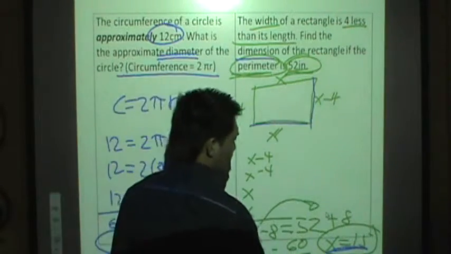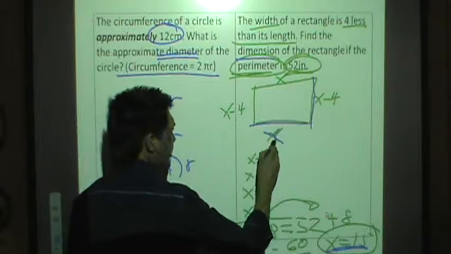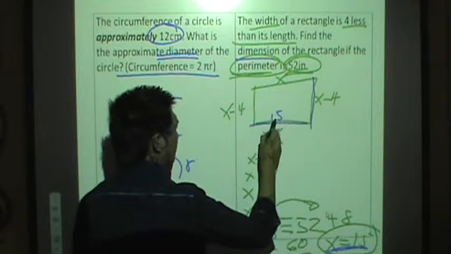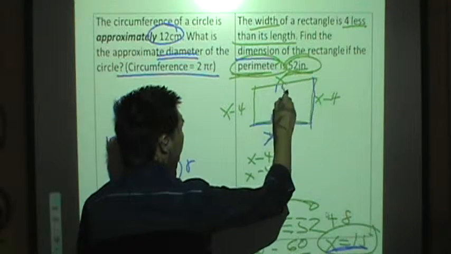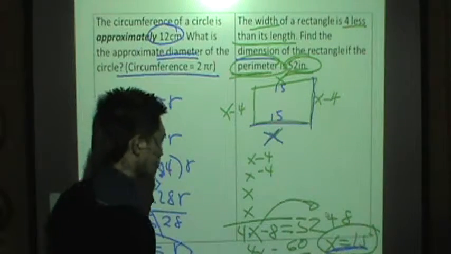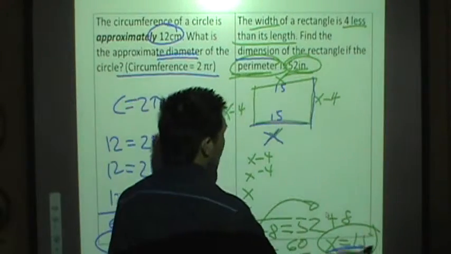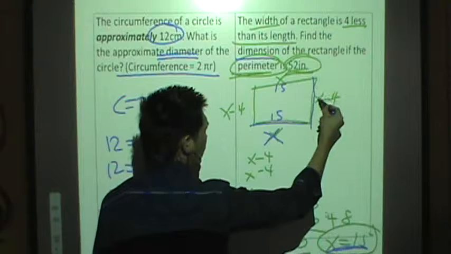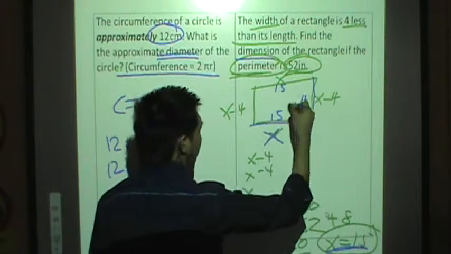Because we solved for x equals 15, your x here is equal to 15. That means that is also 15 and that is 15. And x minus 4 is 15 minus 4, which is 11, and that is also 11.